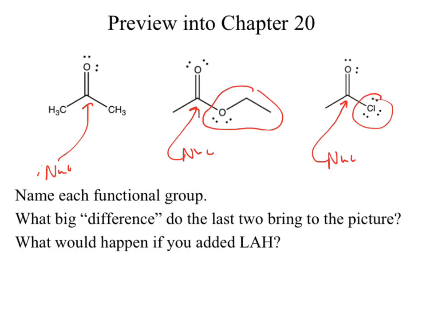There isn't one. So when we look at chapter 17, 18, and 19, we don't have a leaving group because we're just looking at nucleophilic additions. When we move into chapter 20 and 21, we now have nucleophilic addition followed by elimination. Right? We have to have that leaving group under those circumstances.